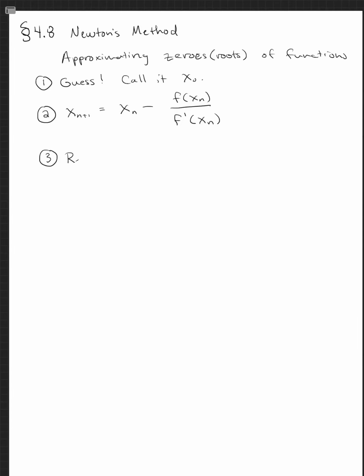And then we're just going to repeat using that formula to get higher and higher subscripts until xn and xn plus 1 agree for as many decimal points as we want.